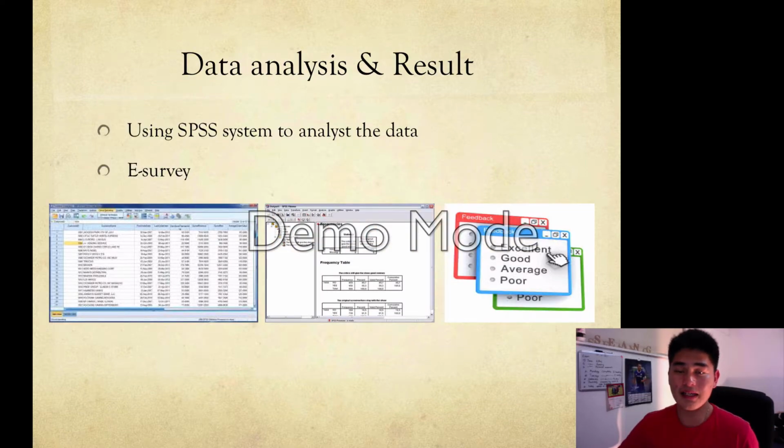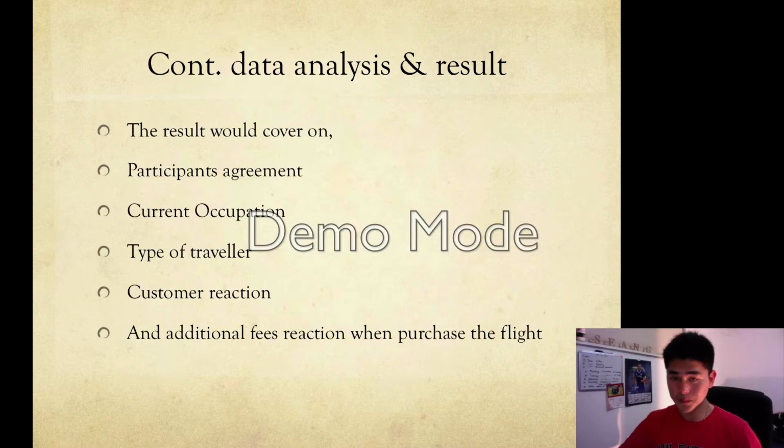The next is data analysis and the result. In this research, we're using the SPSS system to analyze the data from the e-survey. SPSS will produce statistics or graphs depending on what you want. The results covered in this research will focus on participant agreement, current occupation, type of traveler, customer reaction, and the last one, additional fee reaction when purchasing the flight.